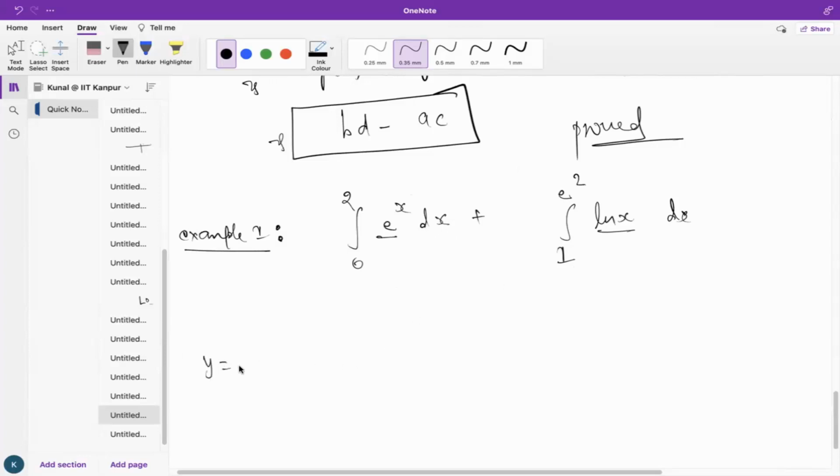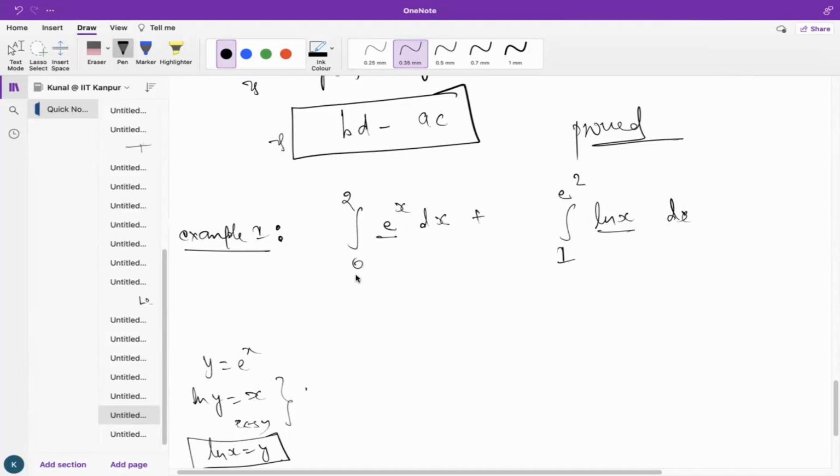If we take y is equal to e to the power x and take the log on both sides, ln y is equal to x, right? And when we interchange x and y, what do we get? ln x is equal to y. This is the way to get the inverse of a function. So these two functions are inverses of each other.